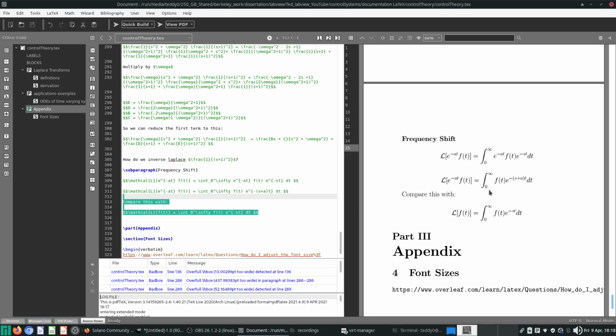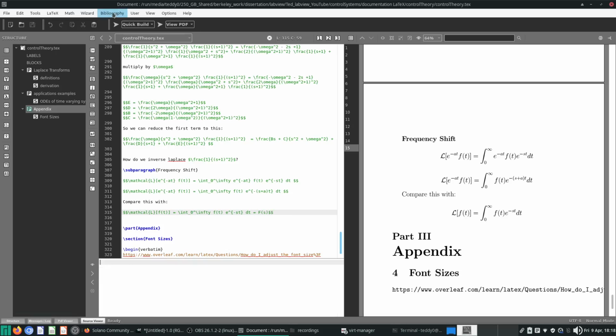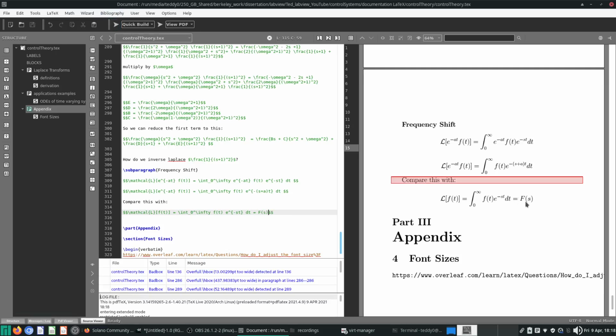So you can think of it this way: if this Laplace transform is called F of s, then everywhere you see s here, you just replace it with s plus a.